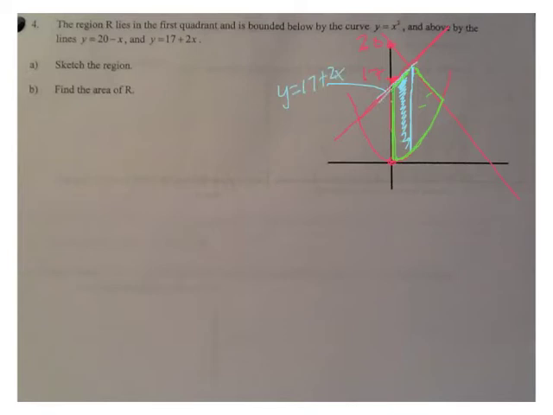So that's the first region we need to deal with. And then we need to take care of the second region over here, and that one is instead bounded on the top by y equals 20 minus x. So I need to think about both parts of those.